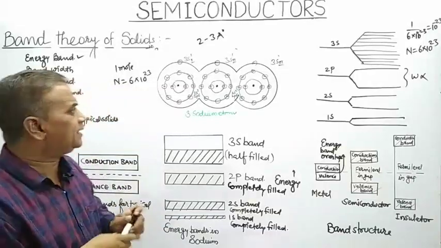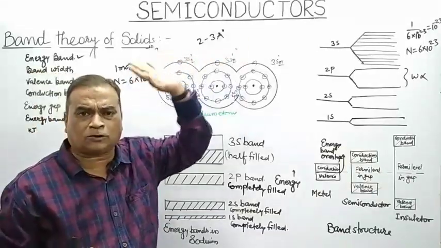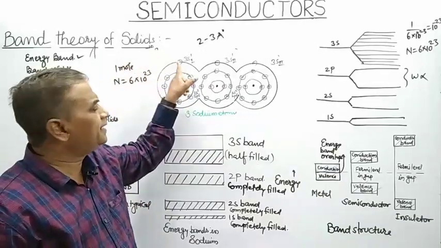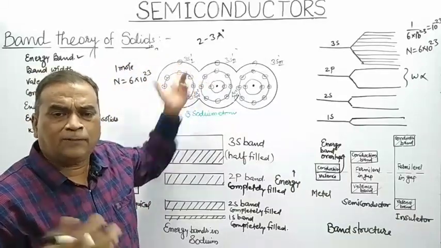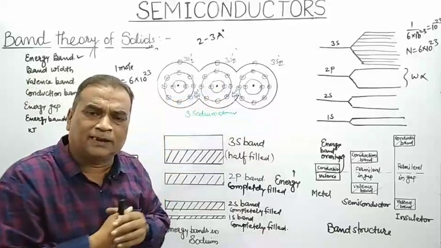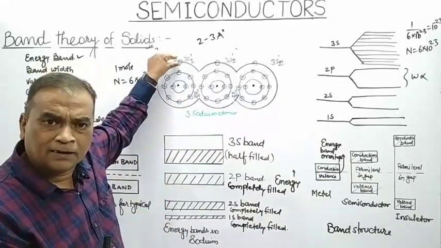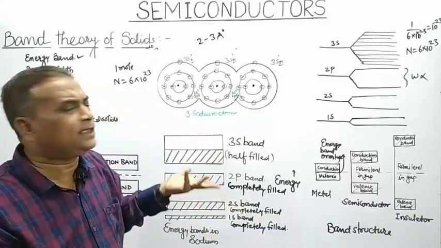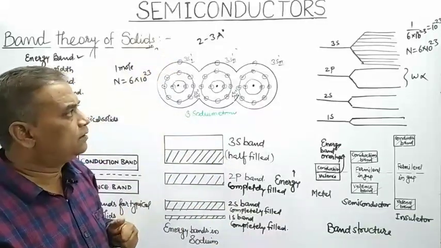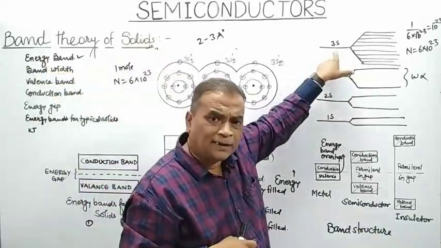So only those electrons which are lying in the outermost orbit, that is 3s electrons, will have a strong interaction with their neighboring atom, and as a result their energy gets changed slightly from their original value.